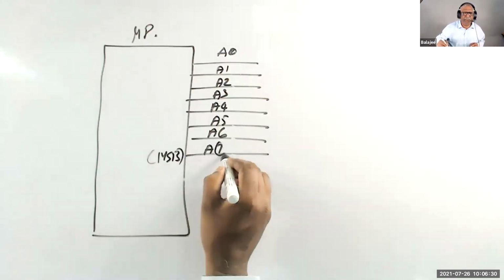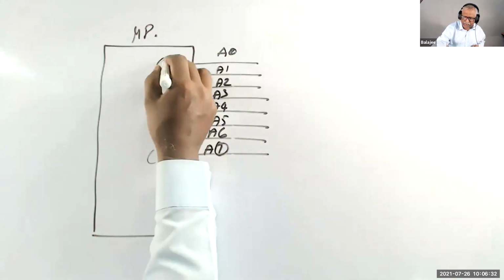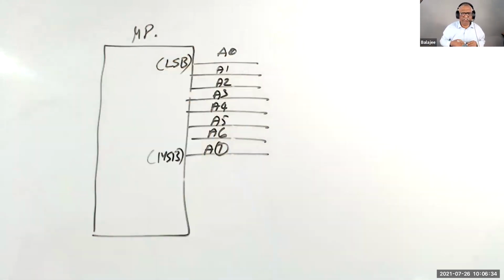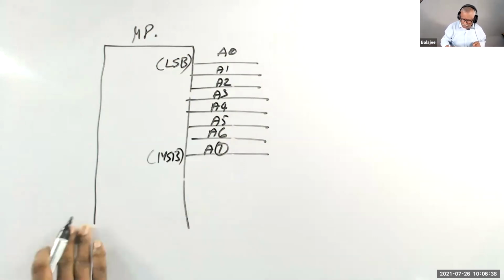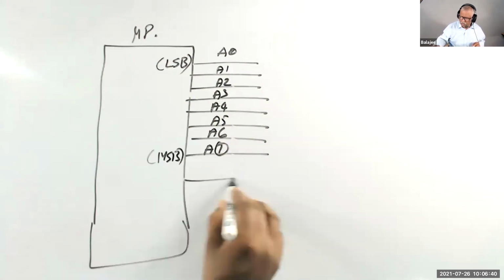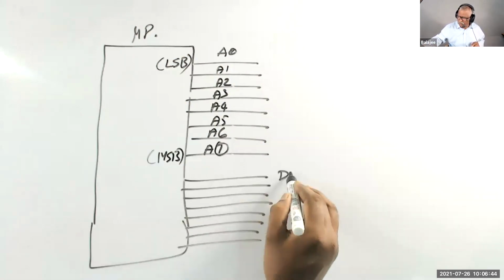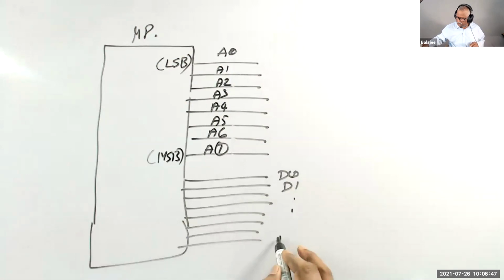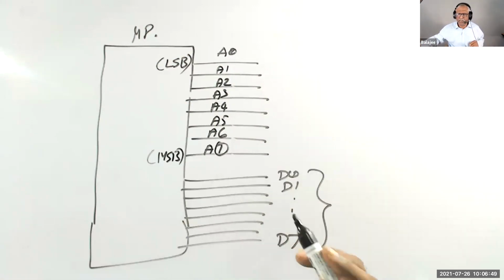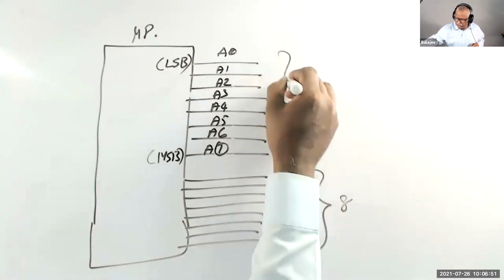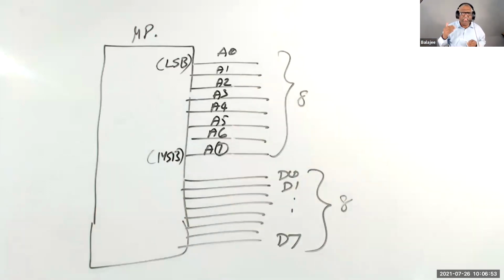Always the biggest bit is MSB and A0 is LSB. Never forget this. Same way, it accepts data through D0, D1 up to D7. That is 8 bits. This is 8 bits. Let us assume right now 8, because 8 is easy to handle. So once you understand the 8 bits, then we can move to other ones.